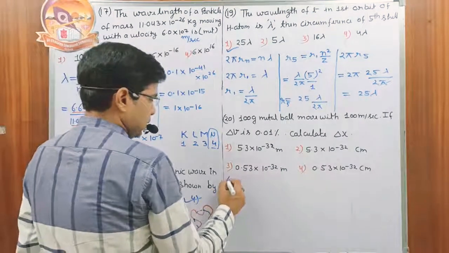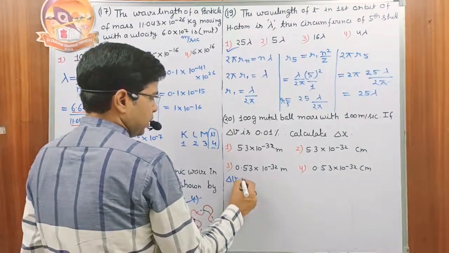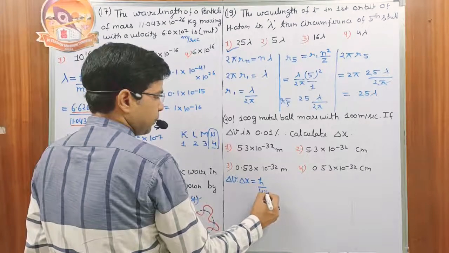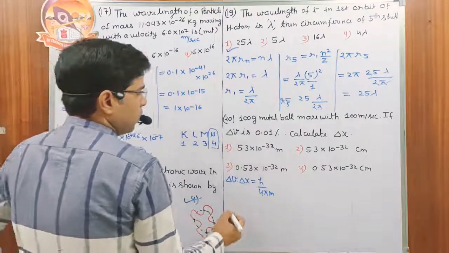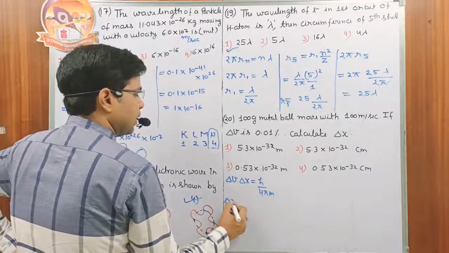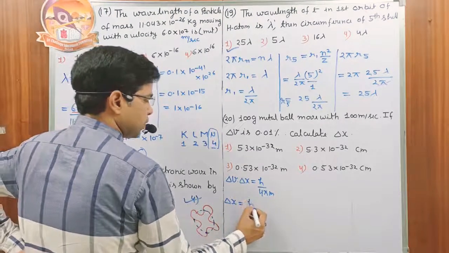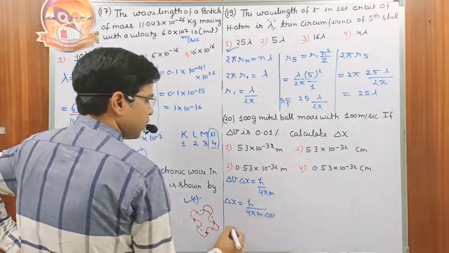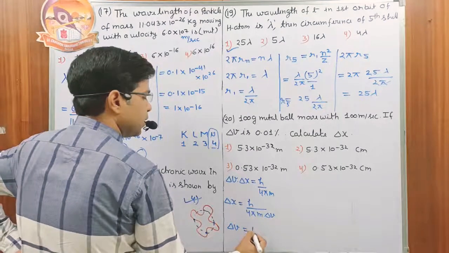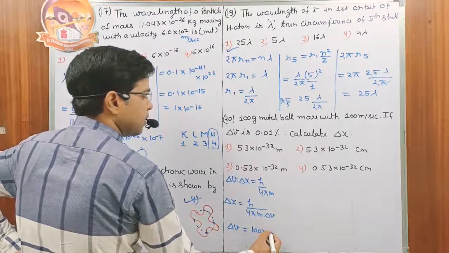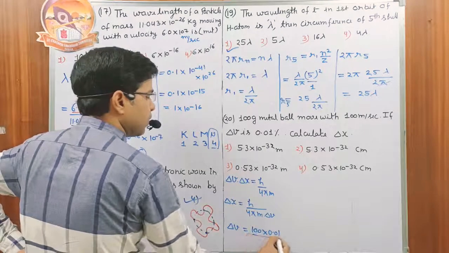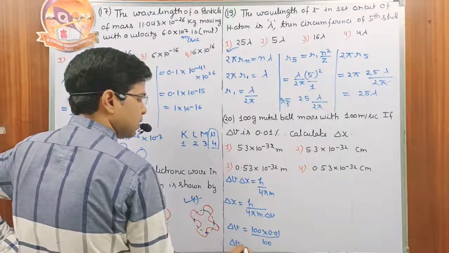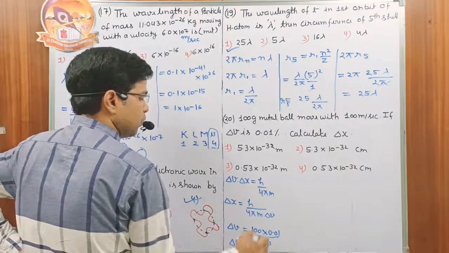We have delta v into delta x is equal to h upon 4 pi m, or delta x is equal to h upon 4 pi m into delta v. What is delta v? Velocity is 100 and uncertainty is 0.01% of the velocity. So 100 cancels out, and the uncertainty in the velocity is 0.01.